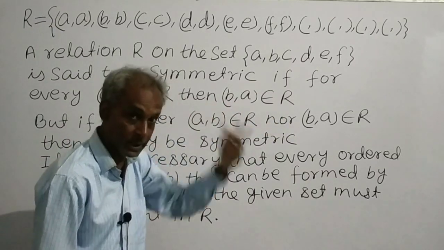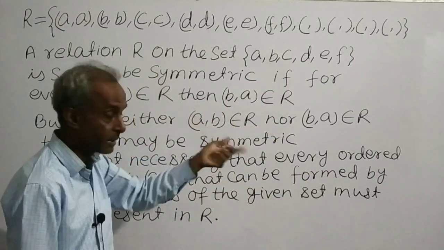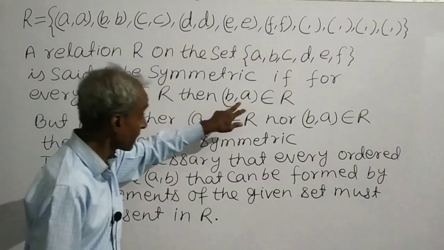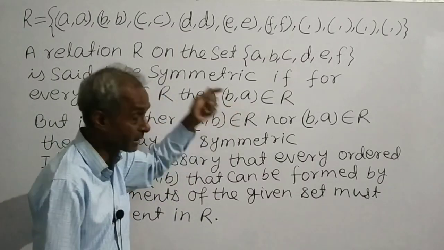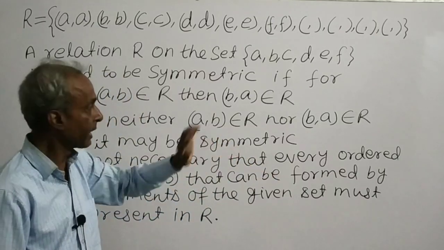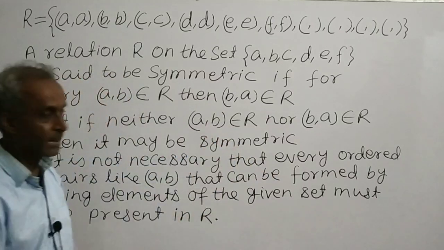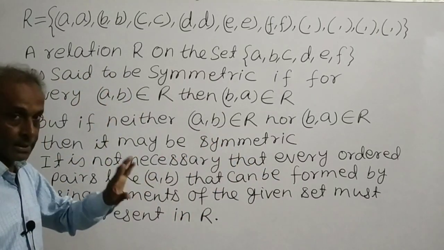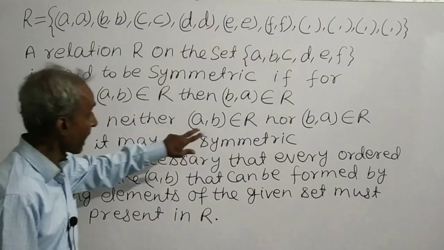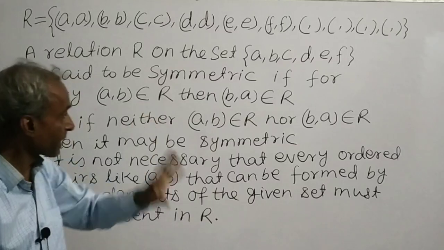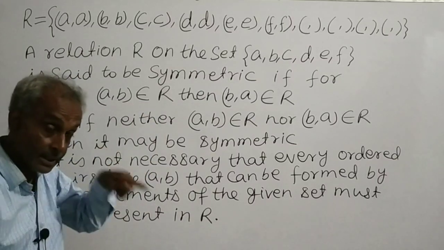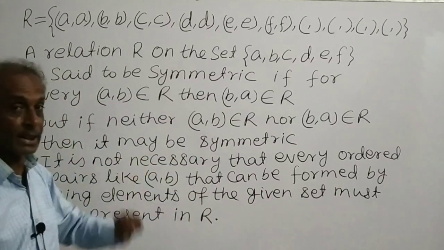If this is present, then it may be symmetric. But if this is present and this is not present, then it is not symmetric. But if neither this nor this is present in R, then it may be symmetric.